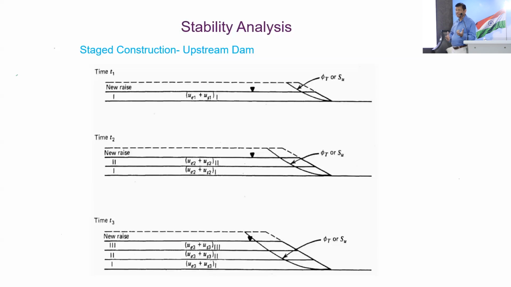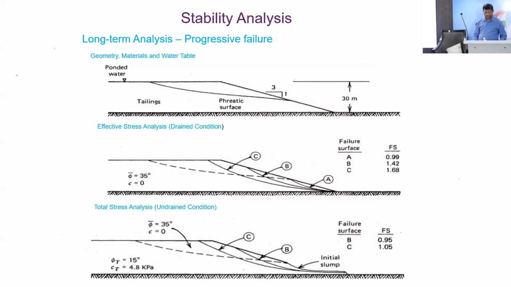That's why at the beginning I said a hydro dam is a static dam, and a tailings dam is a dynamic dam. What is dynamic? Anything that changes with time is dynamic. So here you can see how things change as we add material. And in the long term, once everything is done, this is after closure.